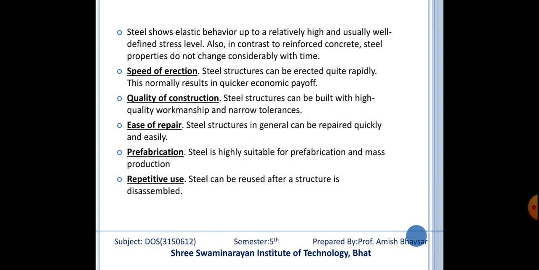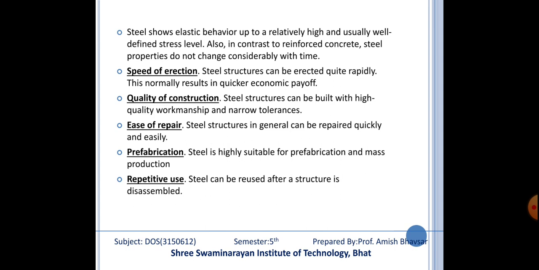Prefabrication. Steel is highly suitable for prefabrication and mass production. Means we can assemble all the members in factories, and after that we can directly set up that assembly at the particular site. But in RCC we can't do that, we must cast in situ.